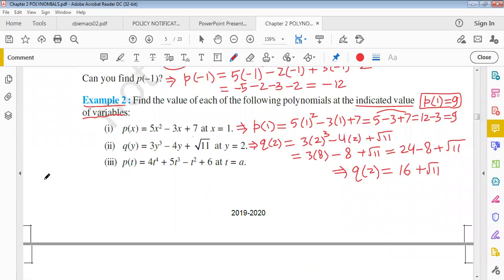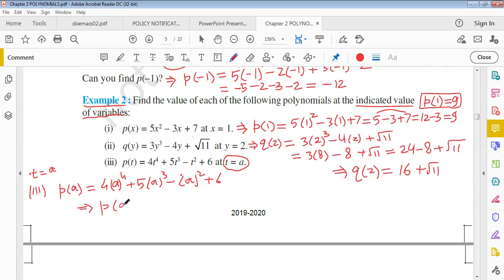I am solving it here. What do we have to replace t with? We have to replace t equals a, which is given. So this polynomial, we put t equals a. Then this third part is p of a is equal to 4 times a to the power 4 plus 5 times a to the power 3 minus a whole square plus 6, and finally we are getting this value: p of a is equal to 4a^4 plus 5a^3 minus a^2 plus 6. This is the value of the polynomial.